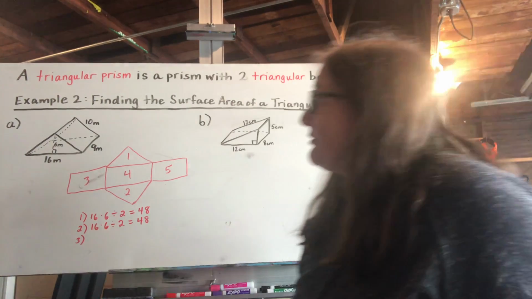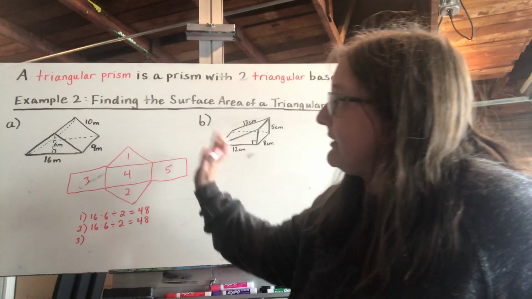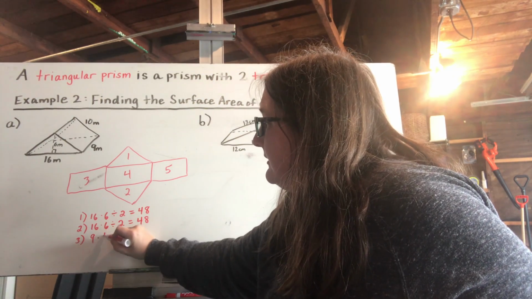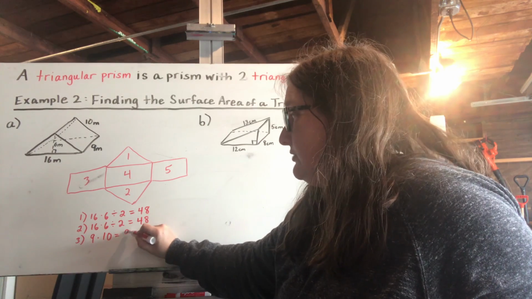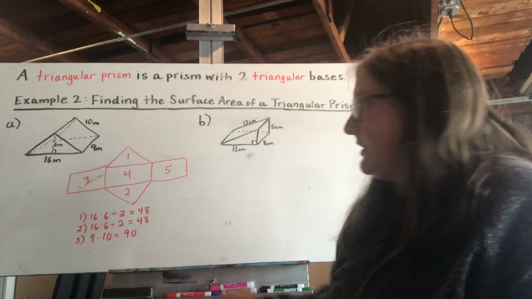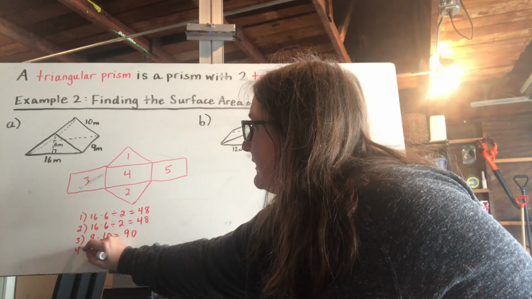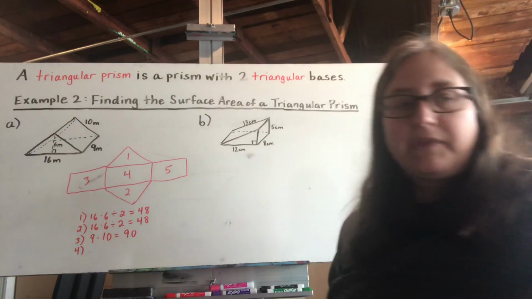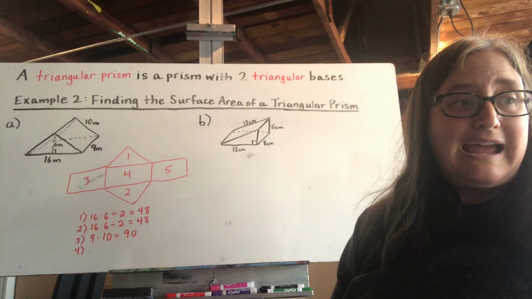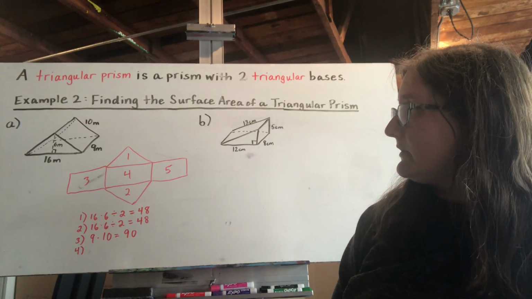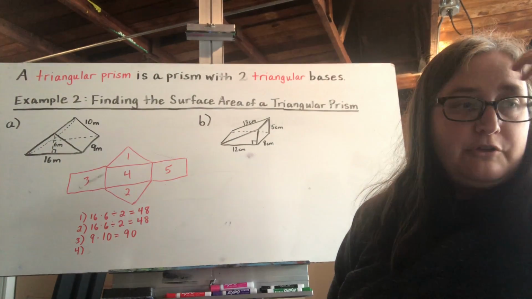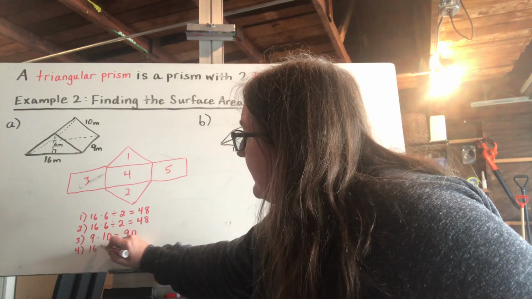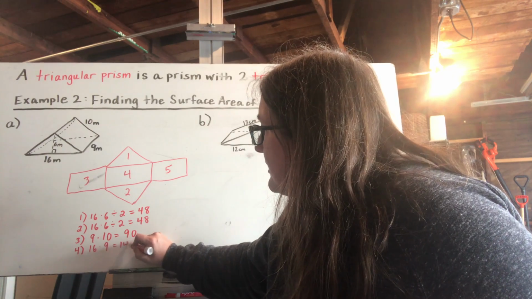All right, side number 3, one of these that are reaching up to make the peak. It's a 9 by 10 rectangle, so I do not have to divide by 2. Number 4, side number 4, is this larger rectangle that makes up the bottom. It's a 16 by 9 rectangle there. So that guy is going to have an area of 16 by 9, 144.